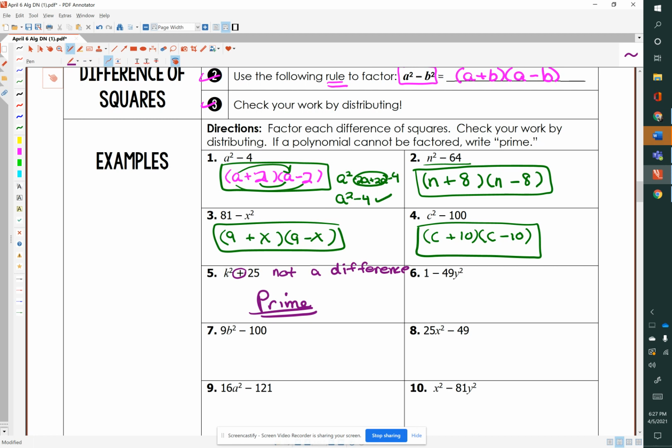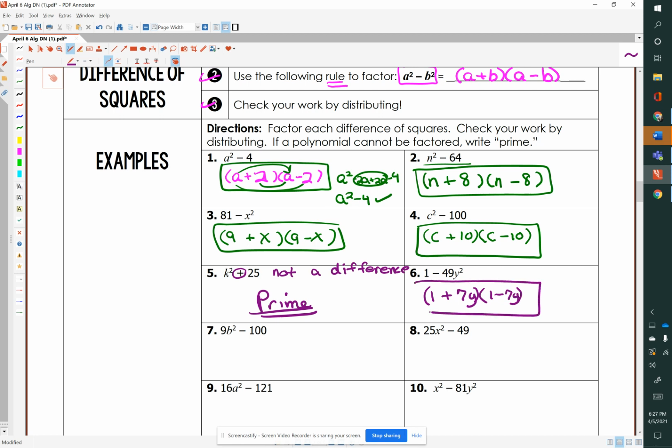So number 6, 1 is a square of 1. 1 times 1 is 1. So that's not very obvious, but very true. So we have 1 plus 1 minus, and 49y squared would be 7y.